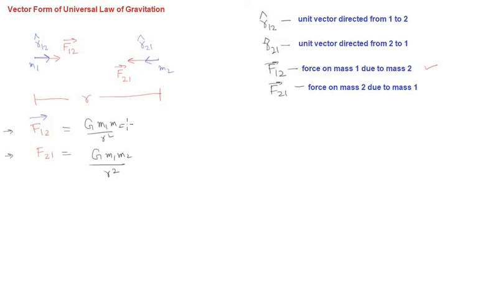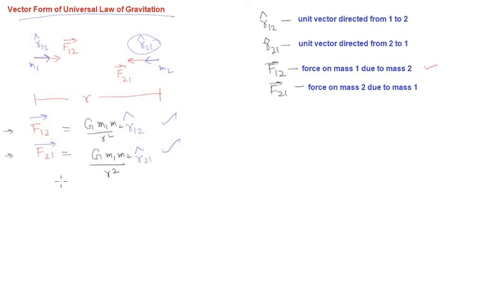So we will put the unit vector r12 cap here. Now this completes the information. Similarly, f21 is towards the left. Can you tell me which unit vector is towards left? r21. So these are the two vector forms of the universal law of gravitation.